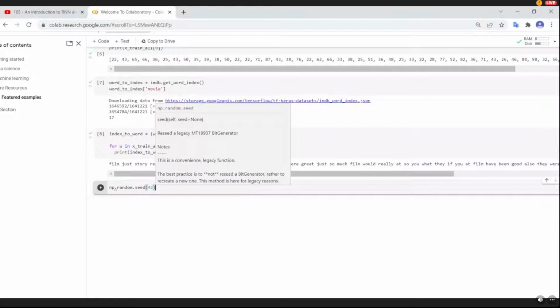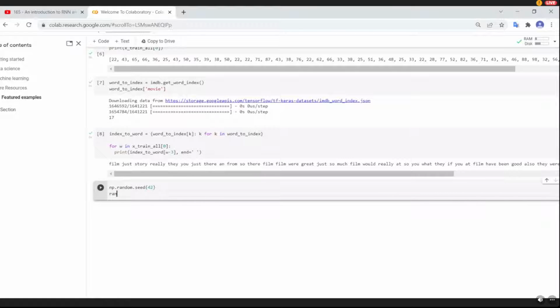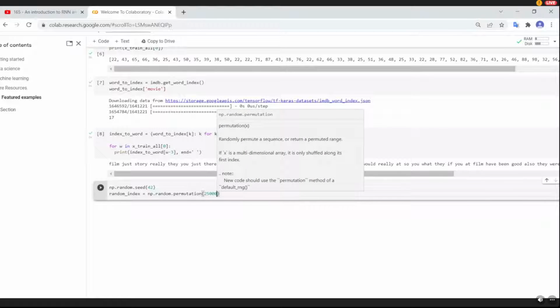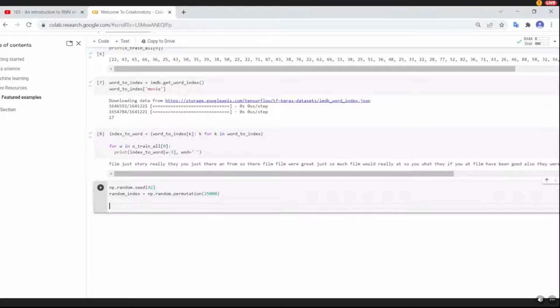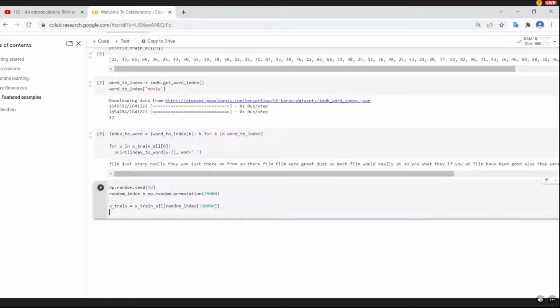Seed is just like the seed in Java, where this allows the data to be randomly distributed. x_train_all random index, 20,000. So we're first getting the first 20,000 for the x_train.